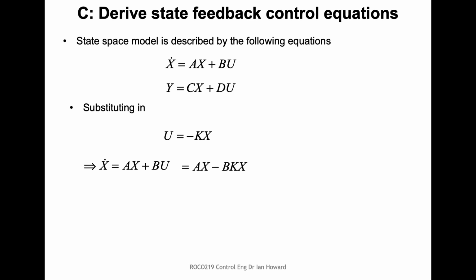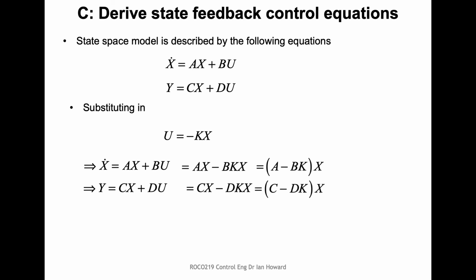So the first one becomes Ax minus BKx, and we just factorize out the x. Y equals Cx plus Du. Again, we substitute in u equals minus Kx, and we end up with Cx minus DKx. We factorize out the x again, and this leads to the two expressions.